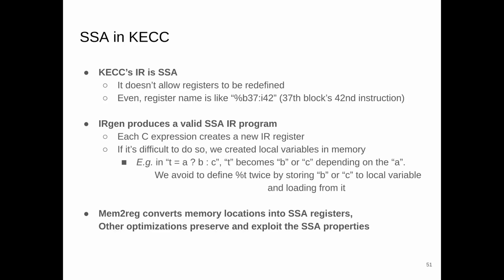So you create new IR registers for each expression, and you don't reuse an existing register. That's the reason why we never need to define a register twice. You just create new registers, that's all. And if it is difficult to do so, we just create local variables in memory. So we create memory locations, which are not subject to SSA, and can be stored multiple times.